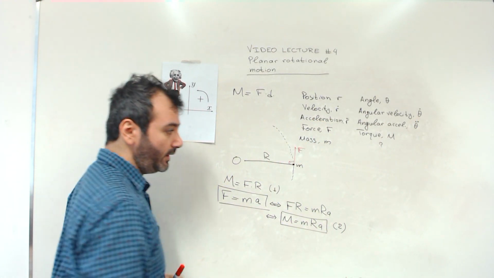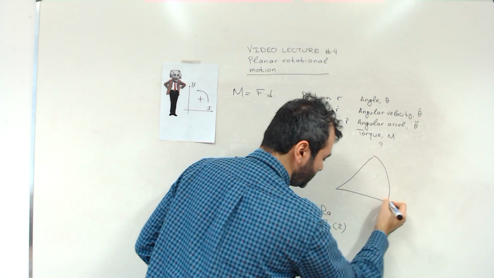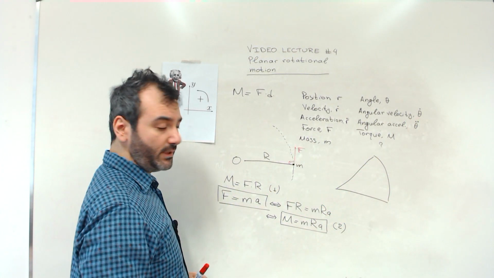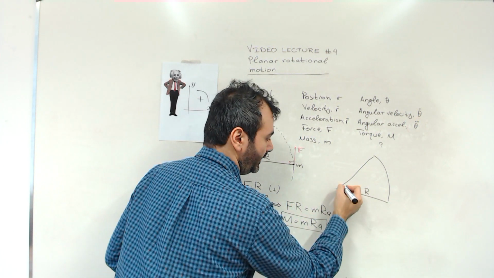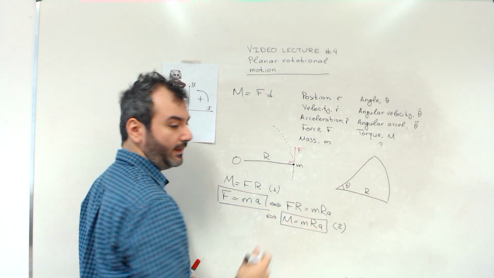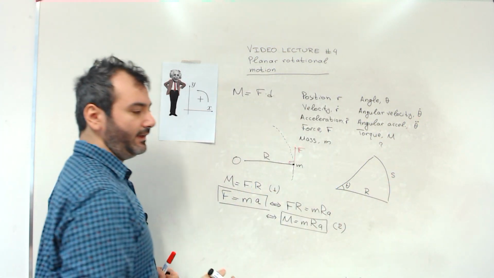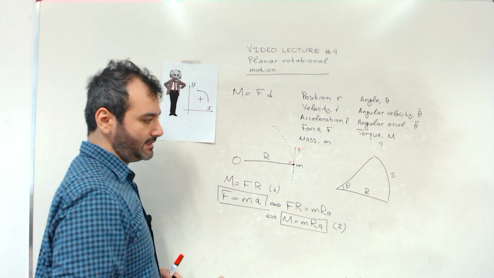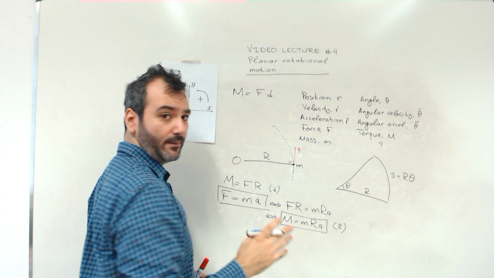For that, we have to use this result from geometry. Take a slice of pizza, a pizza of radius r and angle theta. Then the length of the pizza's crust S is equal to r times theta.